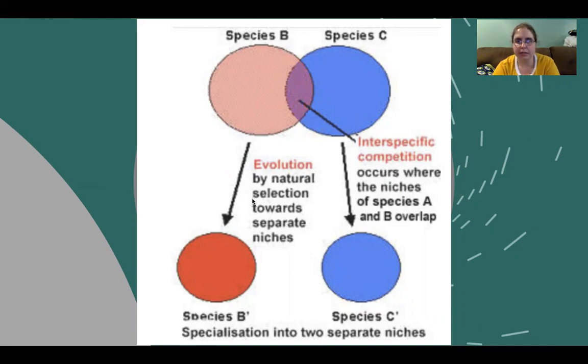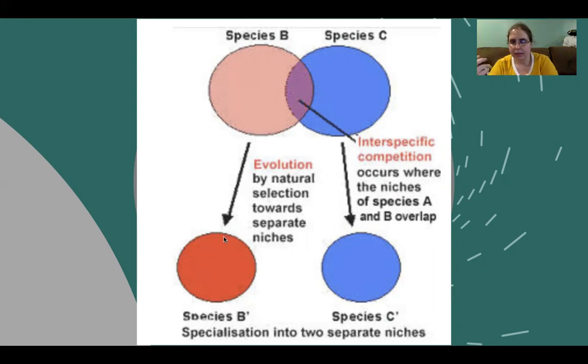One of them might evolve or develop adaptations that would completely separate it from competition. It can go through natural selection, acquire adaptations that would take it out of competition completely with species B.